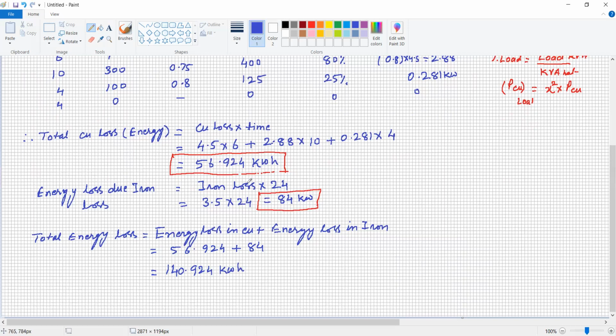So this is the total energy loss in the transformer.